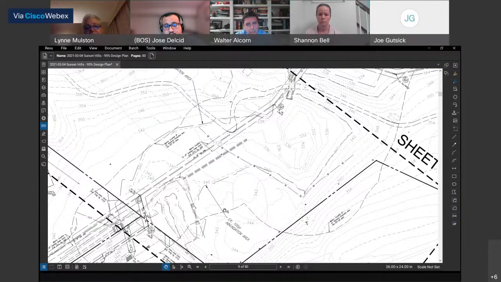So Joe's question led to my next question, which is, what is this going to do to the water quality in the creeks? There are tadpoles, there are fish in those creeks. So the question is, what is this additional runoff going to do to the water quality?